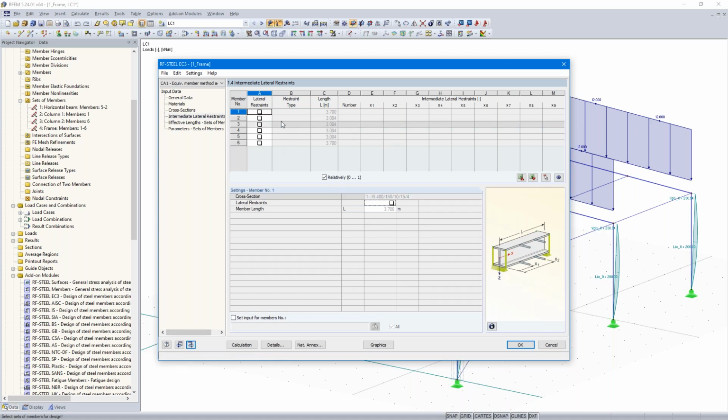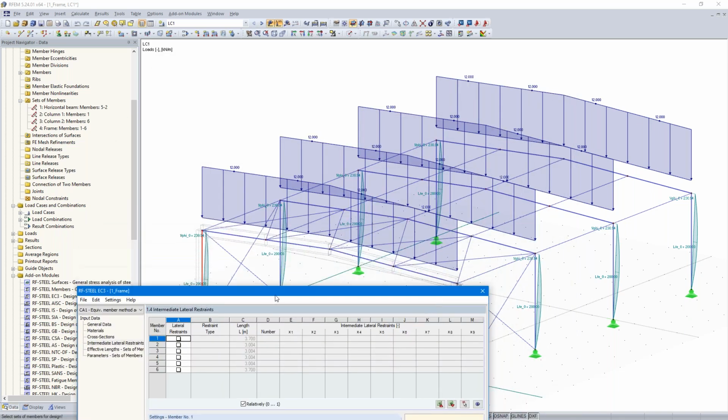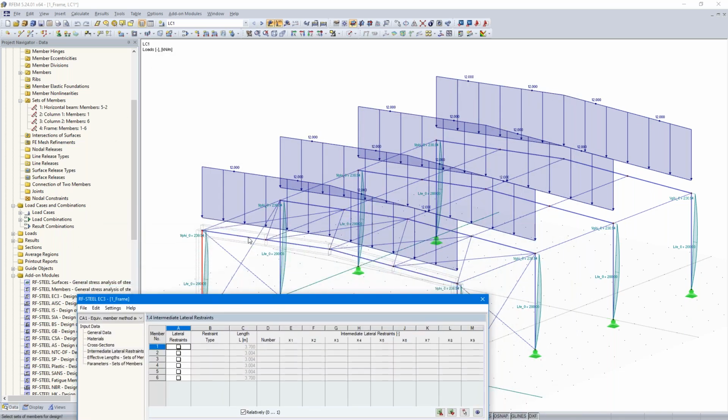Yeah, we would like to apply supports perpendicular to the weak axis of the cross section. At the end of member 2, at the end of member 3, and at the end of member 4.